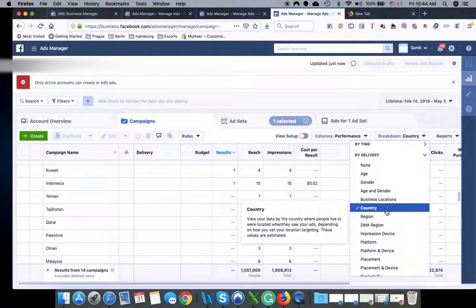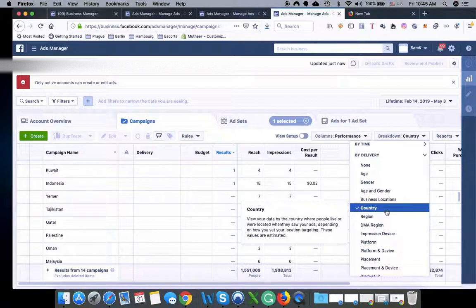Country is an awesome one. When you run a global campaign, or a campaign that targets at least several countries, you could look at the same exact thing. Look at the number of purchases made and cost per result, and eliminate those that are not generating the greatest numbers for you.